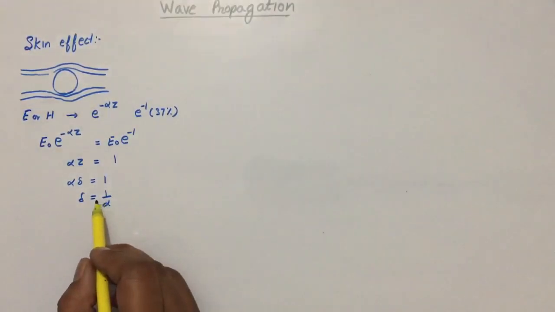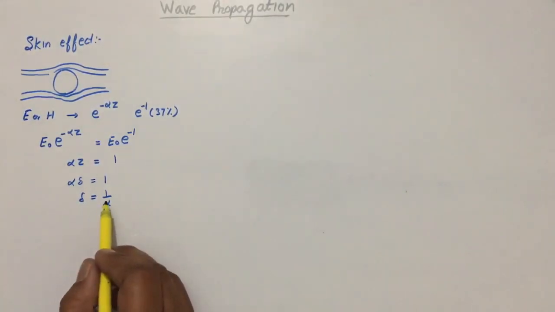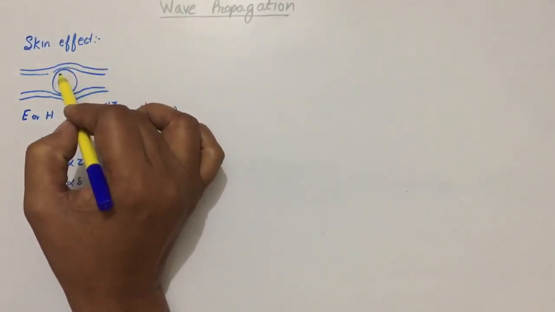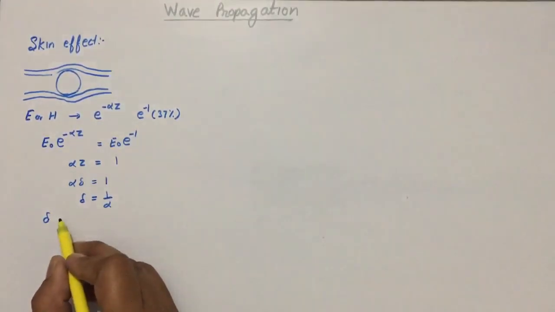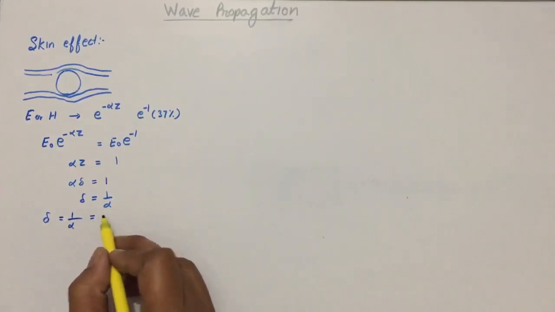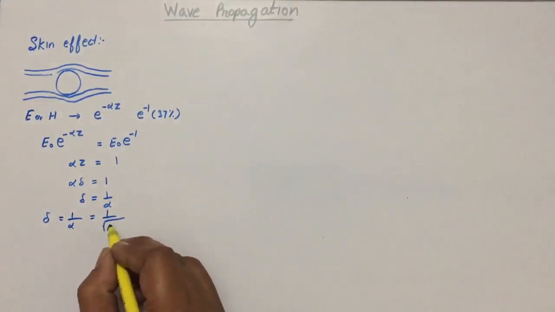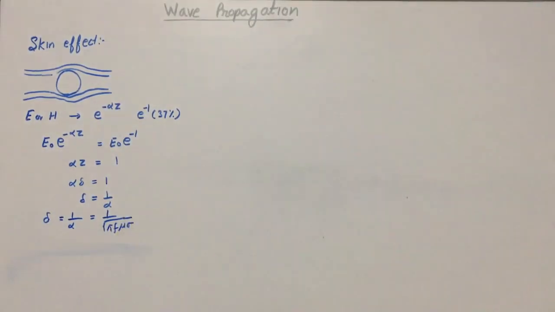Okay, in this way we can say skin depth is the measure of the depth to which an electromagnetic wave can penetrate the medium, and for good conductors the depth will be equal to 1 by alpha, that is 1 by the square root of pi f mu sigma.